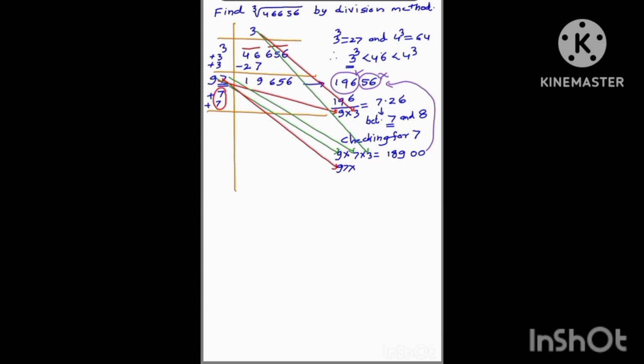We multiply 97 by 7 into 7 so that we can add it to the previous product 18900. So I am getting 4753.